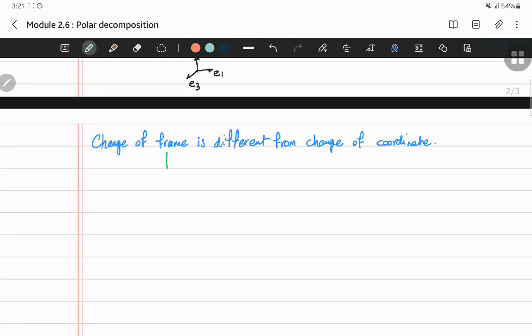Remember, you can perform any number of coordinate transformations within your frame.